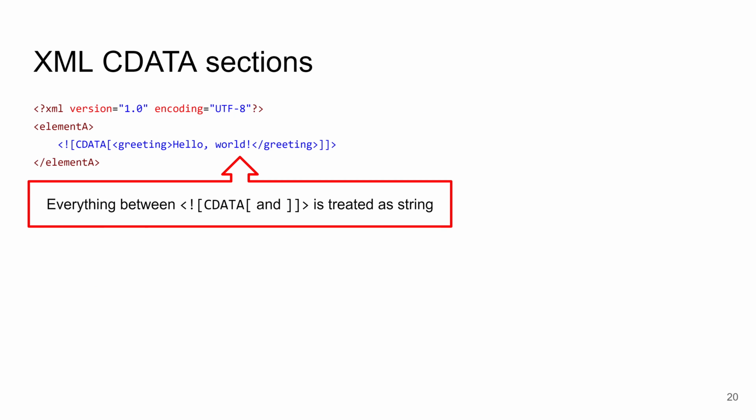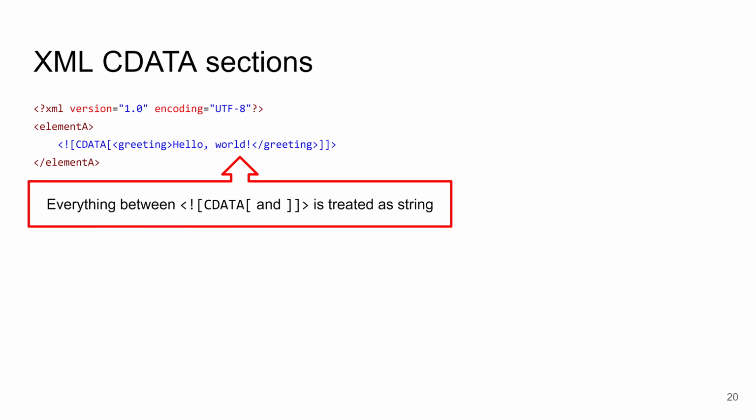Now, another extension we will talk about is that you might sometimes want to use the CDATA, character data section. The syntax is what you can see in the slide, and it basically means that the inside of the CDATA section is treated as a string, and it might contain all the special characters that normal text content could not have.